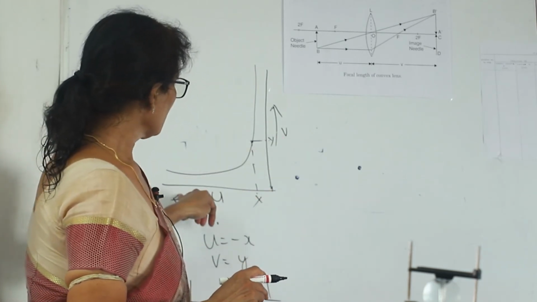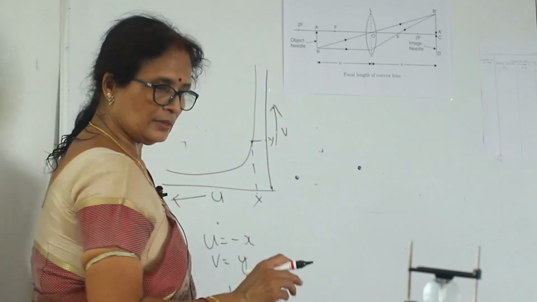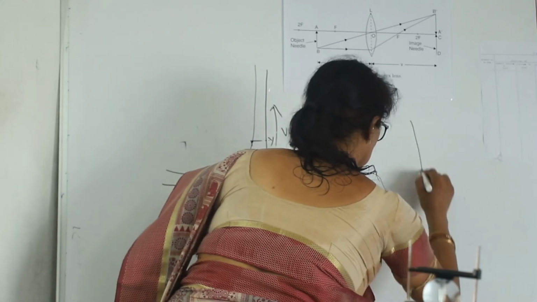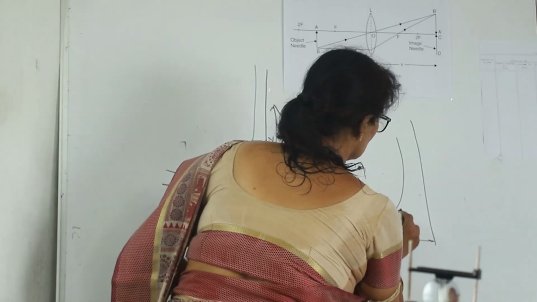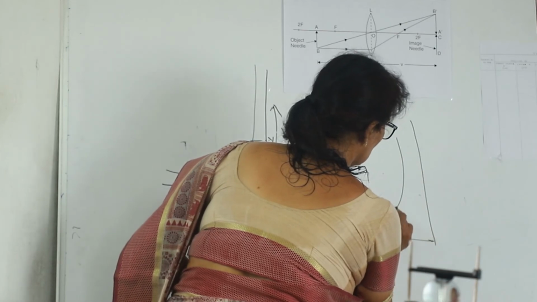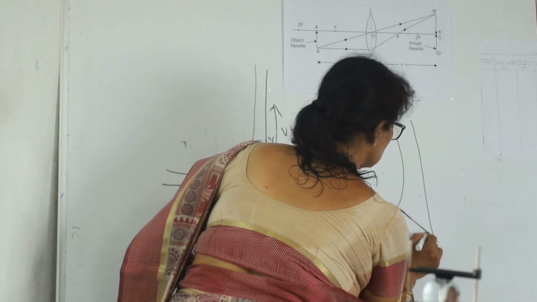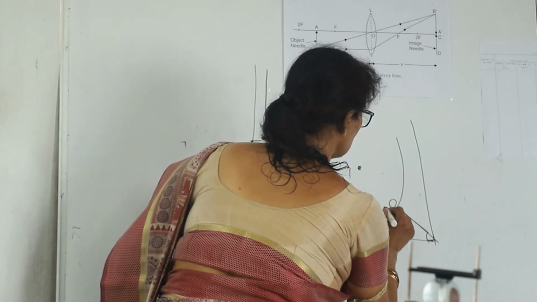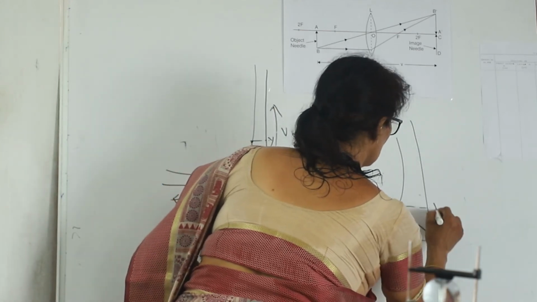Otherwise, you can do as I have explained earlier: take the same scale and same origin on both sides. Then plot the graph, you will get a rectangular hyperbola. Then draw a line at an angle of 45 degrees from the origin. This is 45 degrees. It meets the graph here at a point, say O. Draw perpendiculars to both axes, ON.